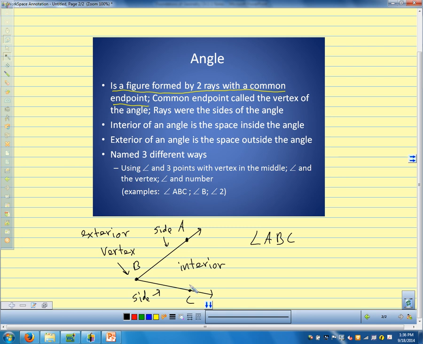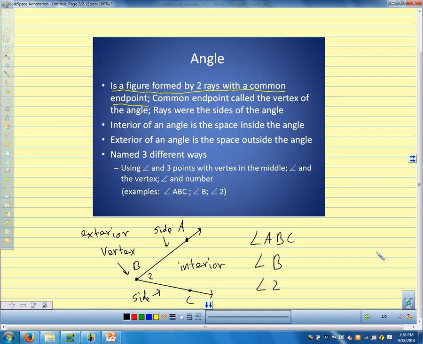A, B, C. If there's no way to confuse it, we can name it with just the vertex, angle B. Or sometimes they'll put a number inside. We could say angle 2.